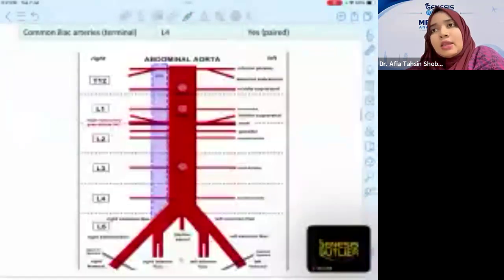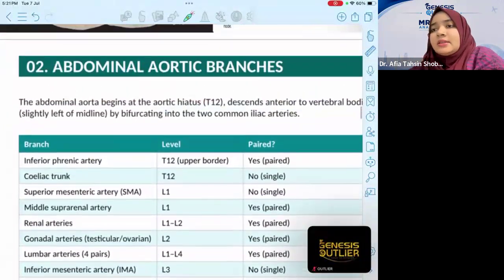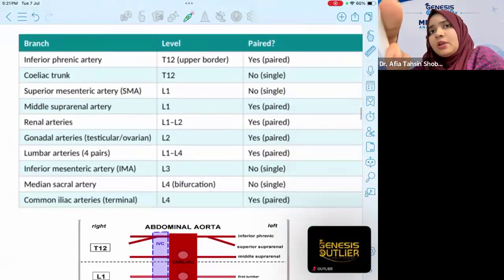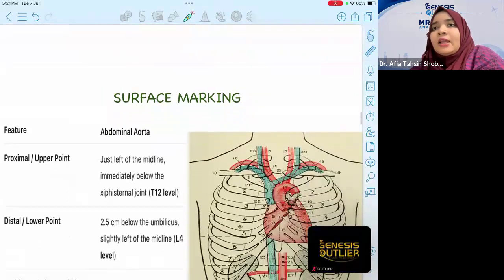The abdominal aorta starts at the level of T12, and it ends at L4 level. These sentences are important for exam. Just go through the other branches. You know that I won't go into these details today.